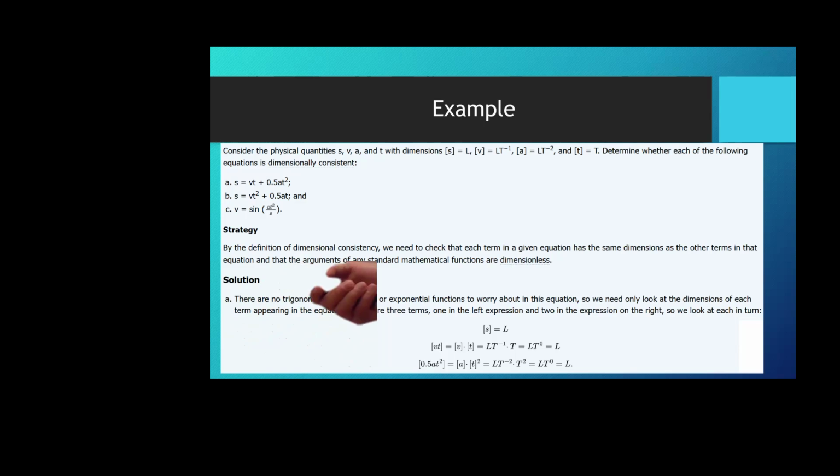This is the first one, dimensionally consistent. Distance, velocity times time. If I multiply this by time, what happened? Time to the -1 cancels this time, right? We can copy it here on the board.